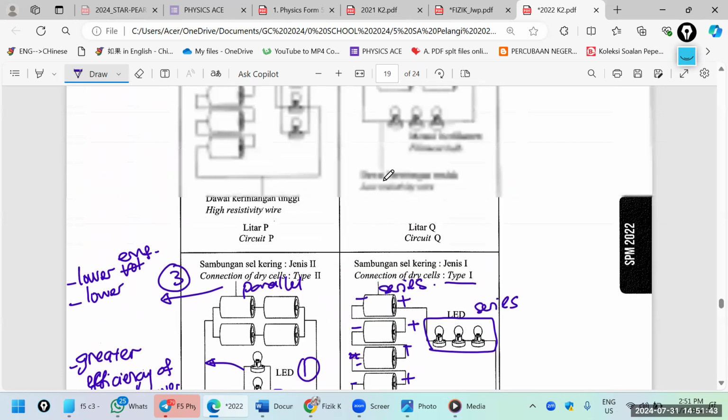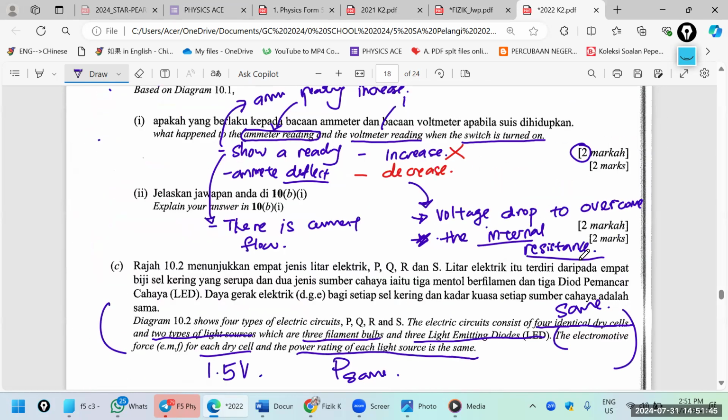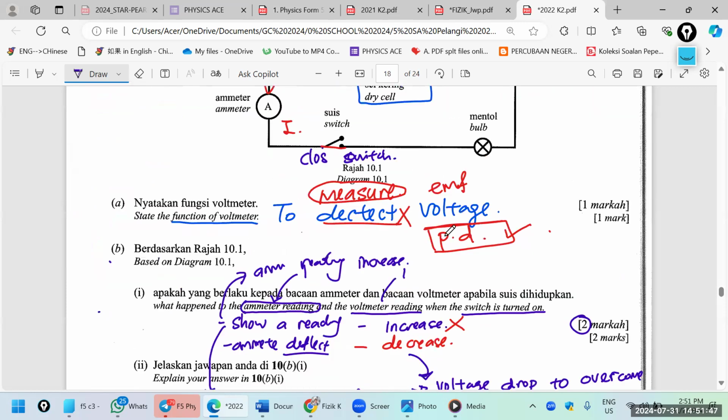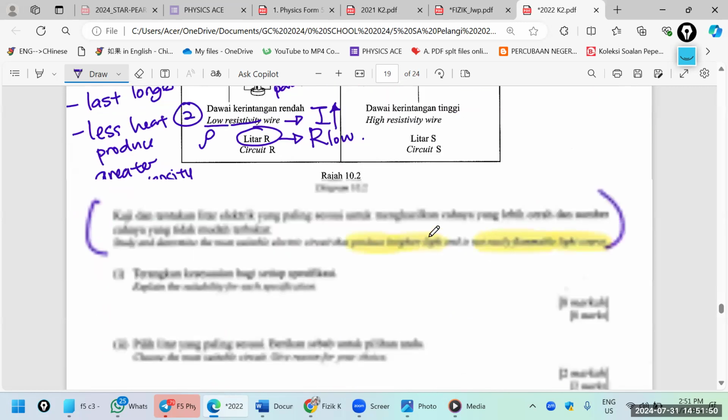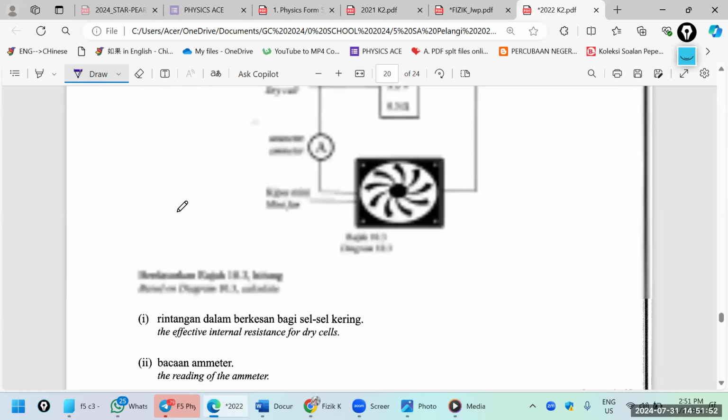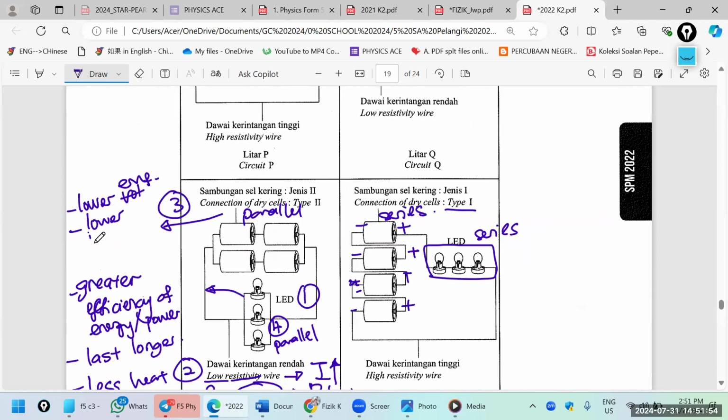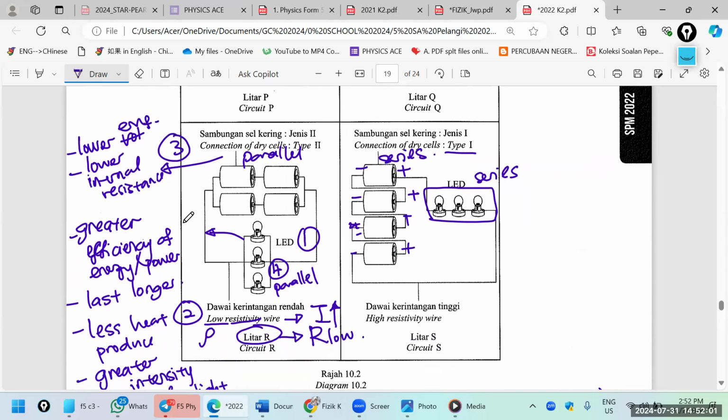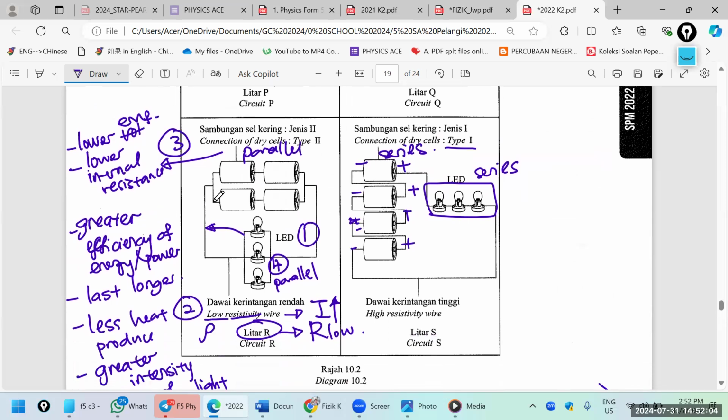Just now we got something about internal resistance, right? We can use back here, lower internal resistance. When it's parallel, resistance smaller. But it's battery, so it's internal resistance. If you just write resistance, sorry, no marks. Must be internal resistance.